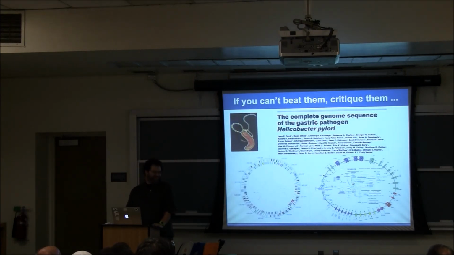So the first thing I did was, if you can't beat them, critique them. And so I shifted a lot of the work I was doing from laboratory work to more bioinformatics. And one of the things that I was doing a lot of was building evolutionary trees of DNA repair genes and trying to predict functions of genes that had never been experimentally characterized by these trees. And I'd written a couple of papers on this, but Rick Myers and Dale Kaiser got asked to write a commentary on this genome that had come out in 1997 from TIGR.